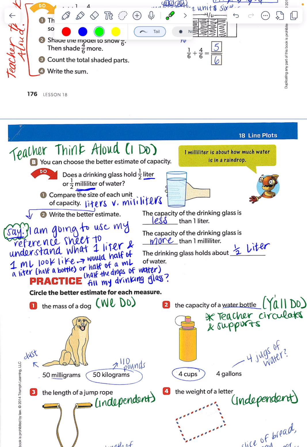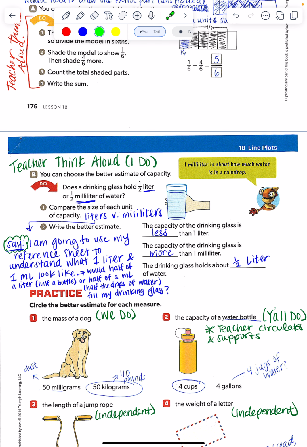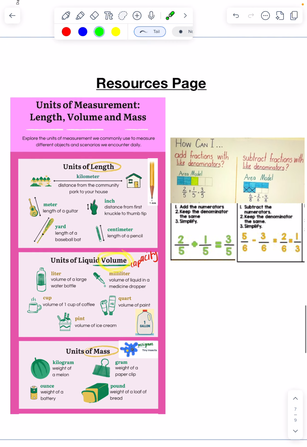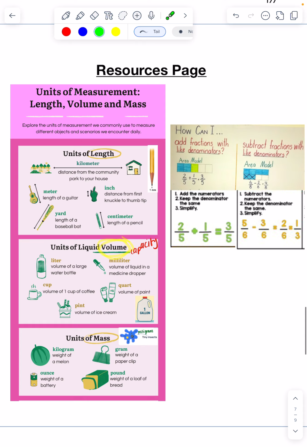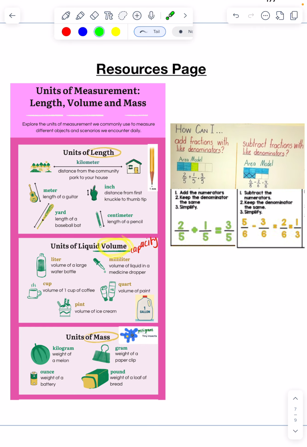Students might have a tough time identifying what a liter looks like and what a milliliter looks like. So at the back of this internalization document, you can print this resource page out for students, which provides a visual of what each unit of measurement looks like. That specific question is asking students to compare liters and milliliters.